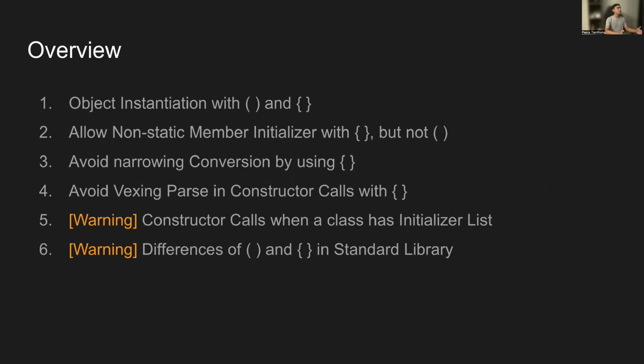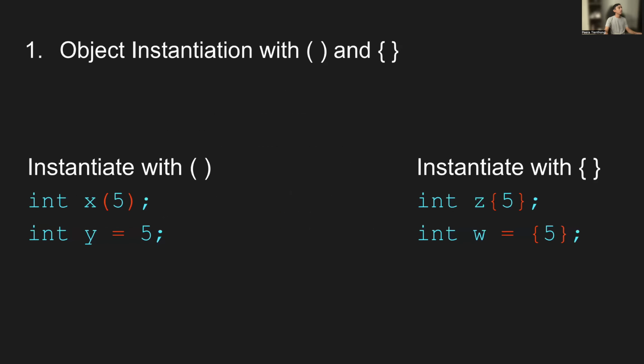Numbers 5 and 6 are the warnings that C++ programmers should be aware of when calling constructors in classes that have an initializer list. And number 6, we're going to look into the differences between parentheses and braces in the standard library.